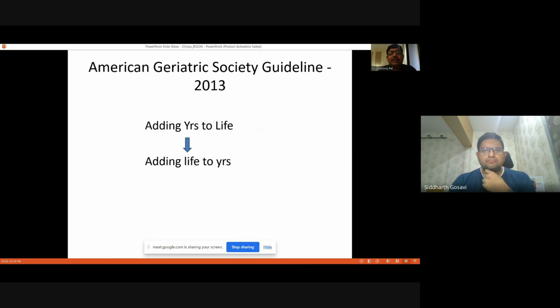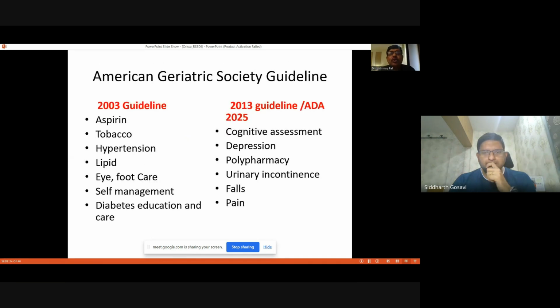In previous guidelines there was a slogan, add years to life, but now the WHO says add life to years. The 2003 guideline advocated a geriatric guideline: use of aspirin in diabetics, awareness of tobacco, control of hypertension, lipids, eye care, foot care, self-management, diabetic education.